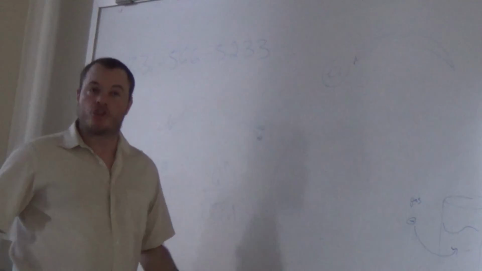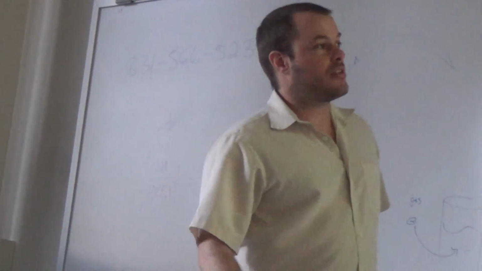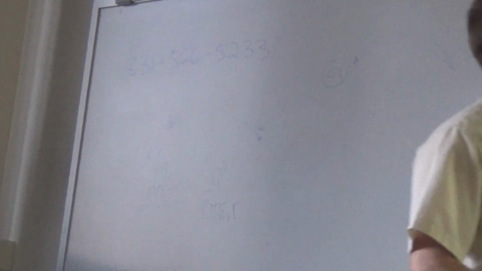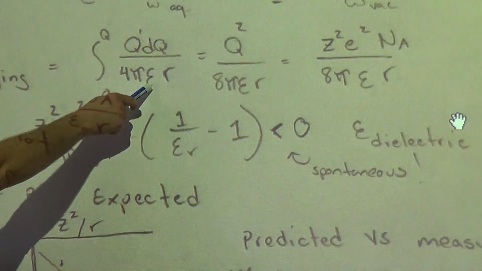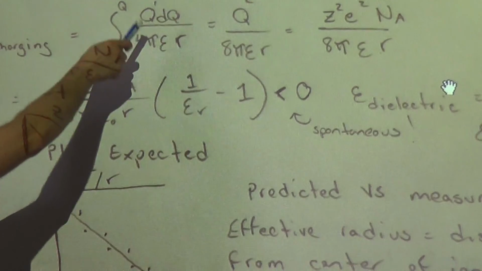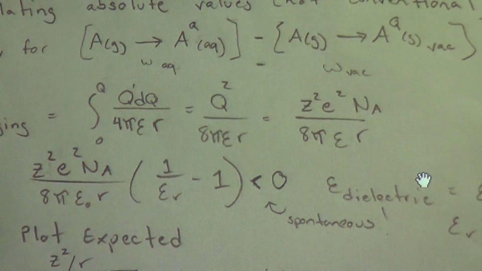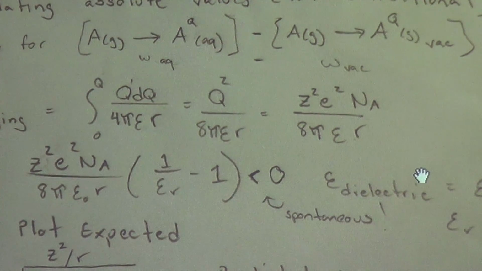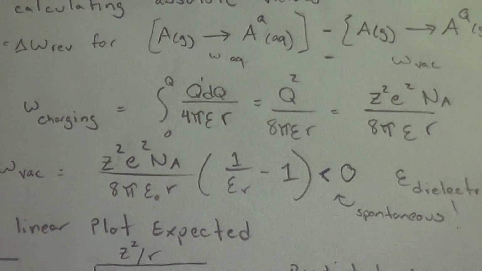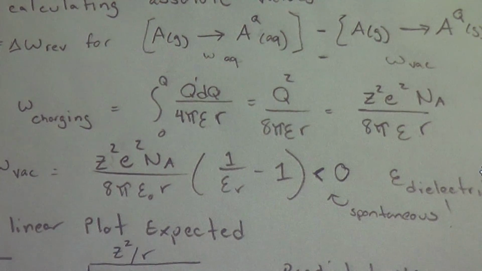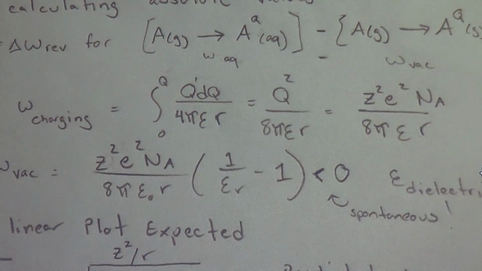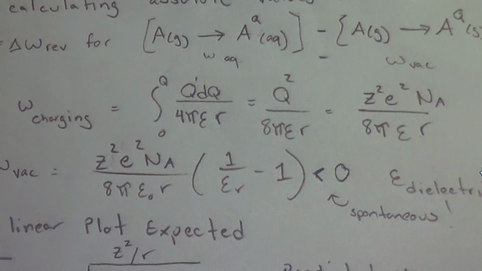In a solution, the dielectric constant is larger, and so we've got a larger term here in the denominator, which means that the force, Q over 4 pi epsilon naught, or 4 pi epsilon, is smaller. And so in something other than air, the amount of energy required to paste these guys together is less.